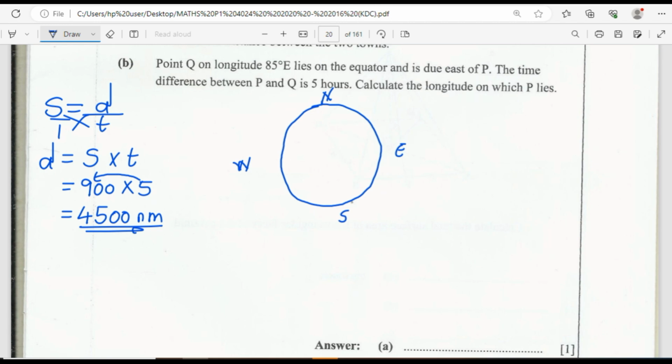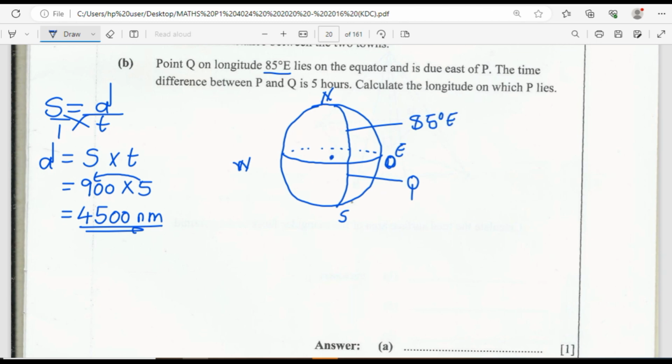Point Q lies on the equator, so we need the equator, and we know that the equator has 0 degrees. Q is due east of P, so P is on the west part. We don't know where it is, but it is just on the west part. So this is our Q, and this Q is 85 degrees east.